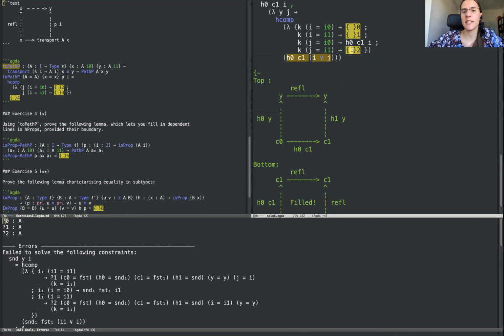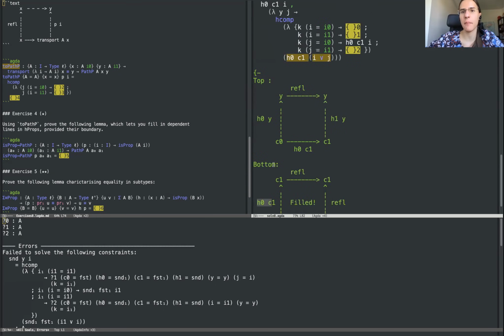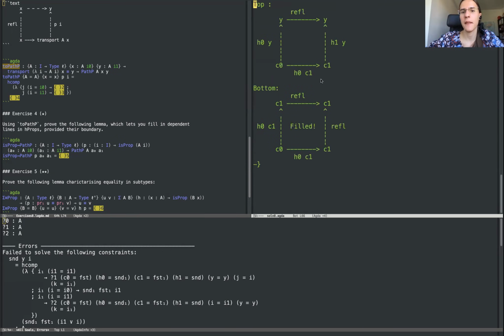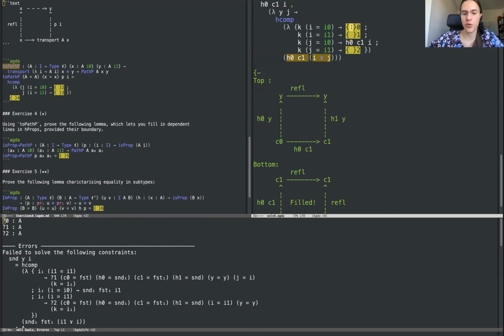Well, what we can do is we can take, so do we take H naught or do we take H1? Well, rather, let's think about this side here. Let's consider the I is equal to I naught side. We want to connect this to this at every single point J. And what we can do is we can use the H1 operation.